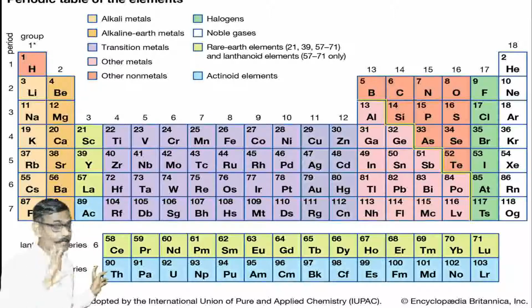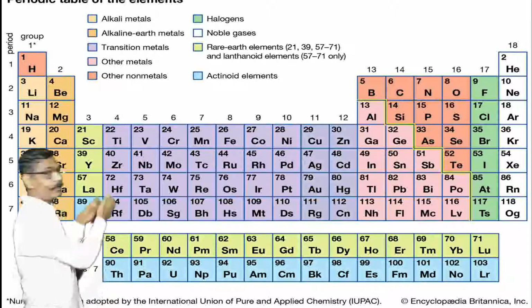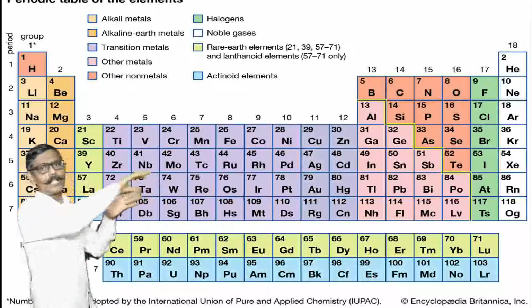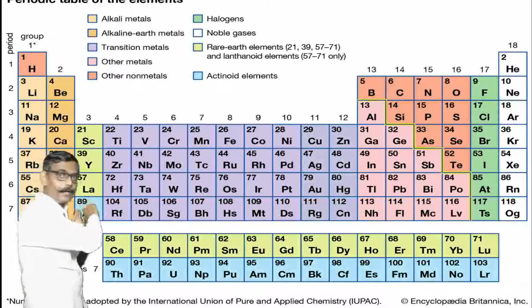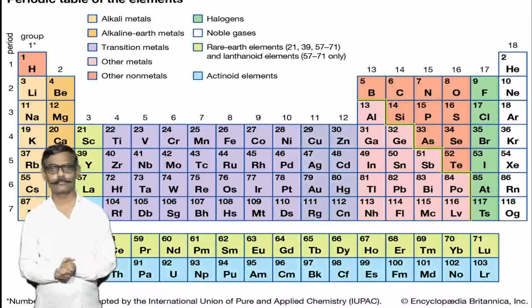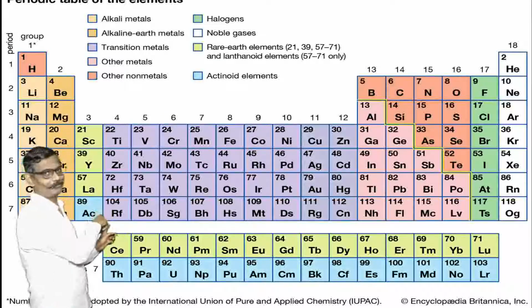In the true sense, they are not adding to the period number. They are there only in period number 6, lanthanum and these lanthanoids. Period number 7, actinium and the following 14 actinoids. So it is only for arrangement purposes that we are representing them down.